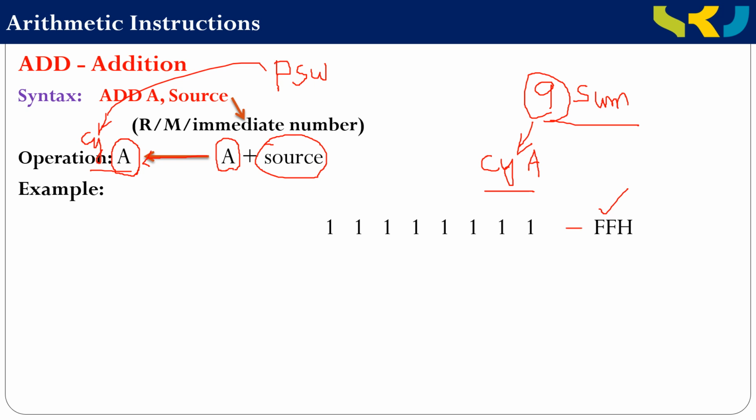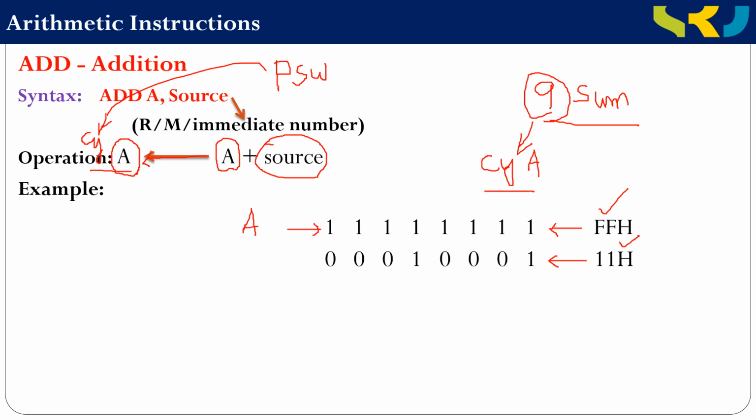The binary equivalent of FFH is 8 ones, and let us consider one more number 11H. The binary equivalent of this 11 is 0001 0001.